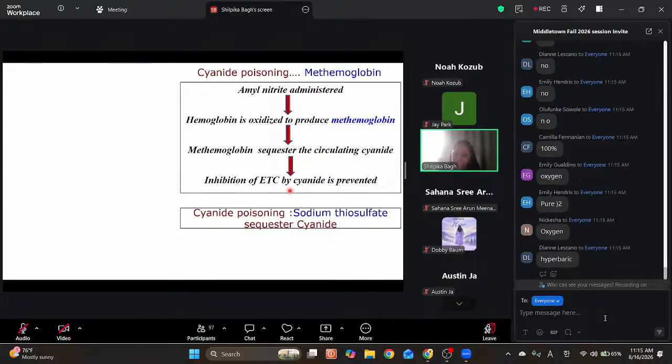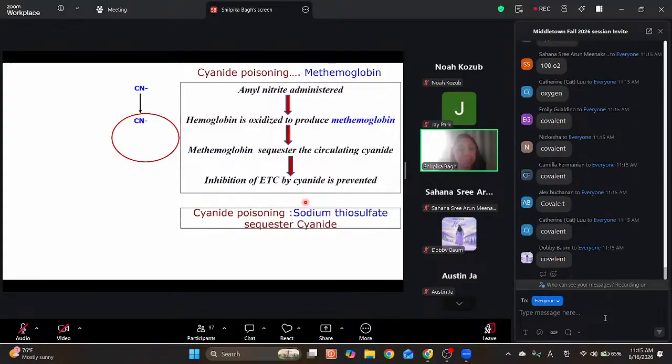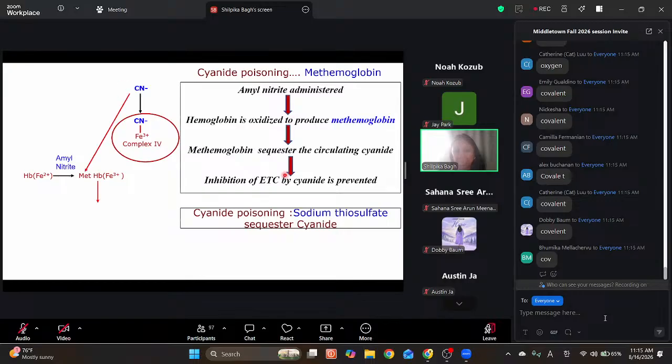Hyperbaric oxygen. High concentration, high pressure. Whereas cyanide binding, is it covalent or competitive? Binding of cyanide to Fe3+ of complex 4 is covalent, cannot be reversed easily. So you need an antidote to act quick, which is amyl nitrite.